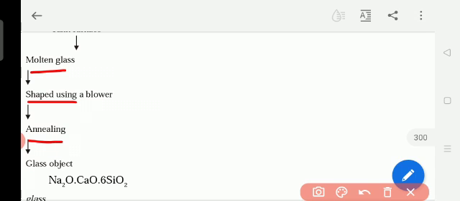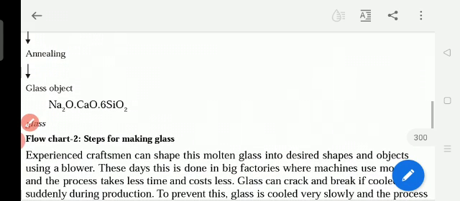And annealing. Annealing means that after heating the glass, cooling it is called annealing. Cooling the glass object. The formula of glass is Na2O·CaO·6SiO2.